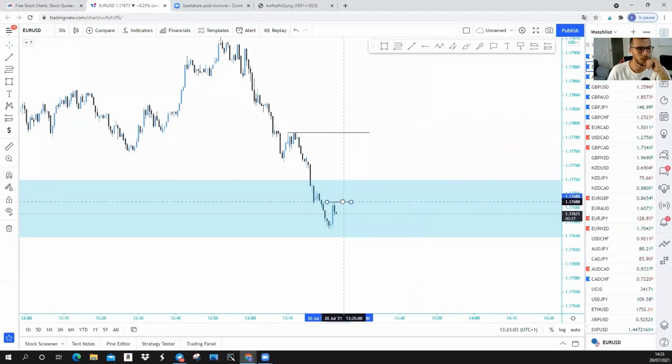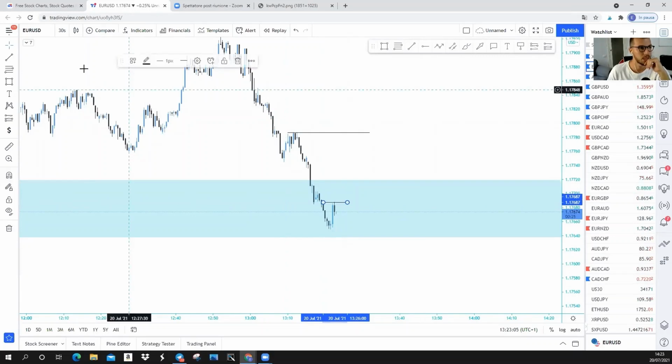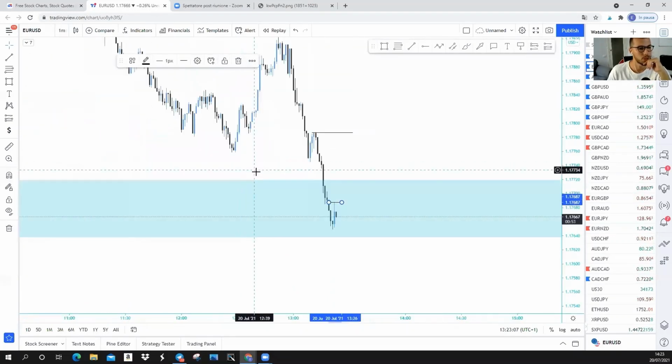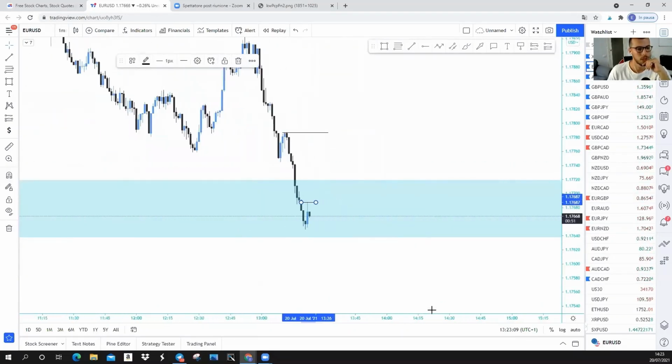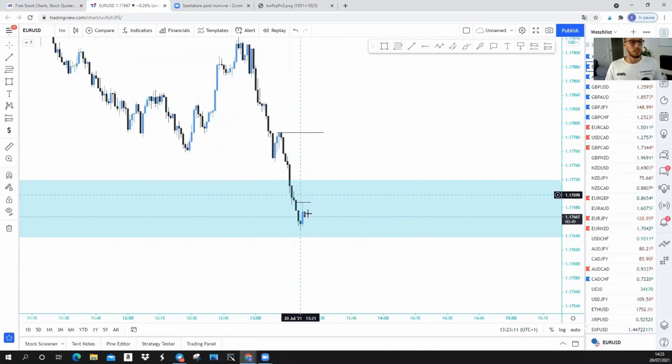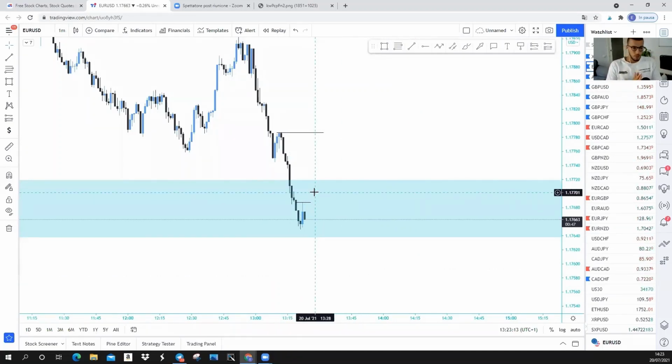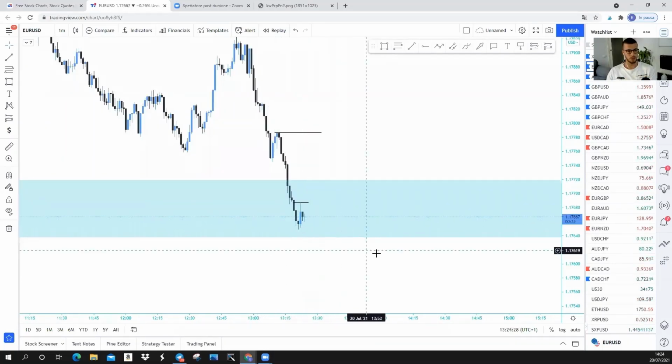Now we can consider this as the over structure. Let's see, depending on what happens. Let's wait. We are lining up. We are on 1 minute, not on the 30 seconds anymore.